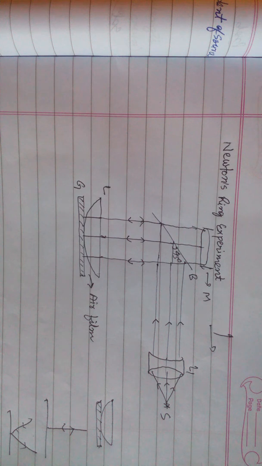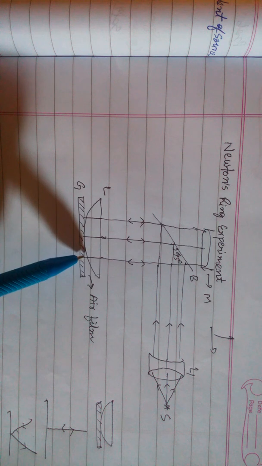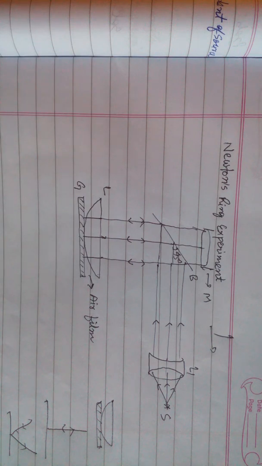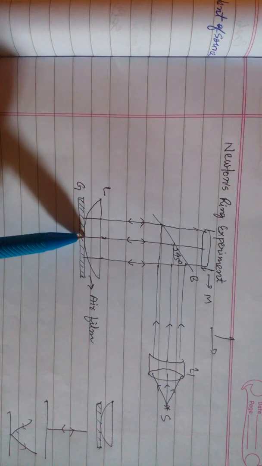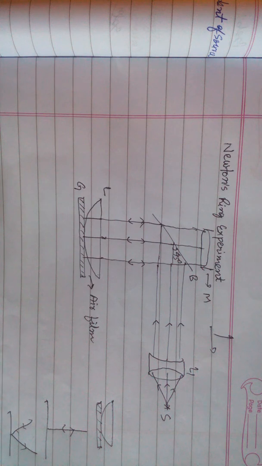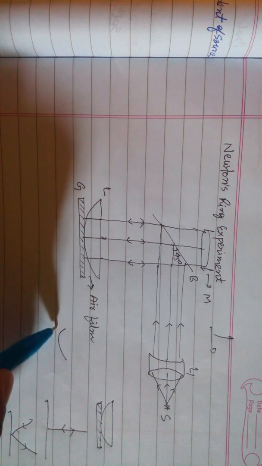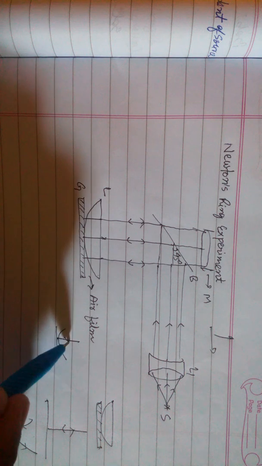As per the rule of interference, there is a formation of an interference pattern due to this air film. At the junction of this lens L and glass plate G, there is no path difference for the light, because light falls on the same region and reflects back from the same region.